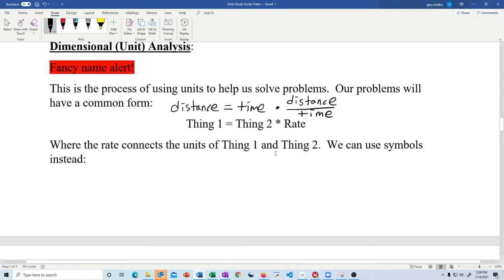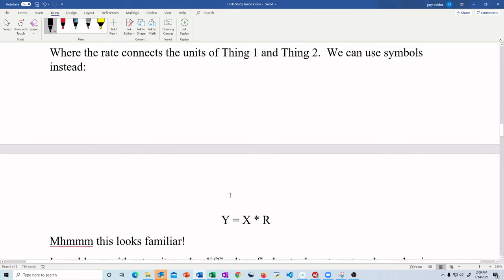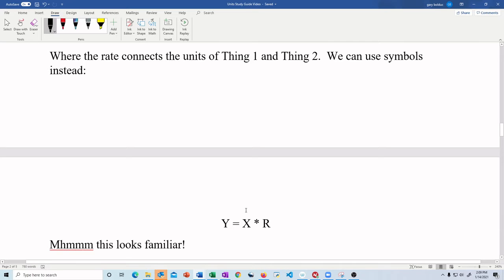So let's try to put this into symbols a little bit more, and then we'll keep going through this. So here it is in symbols. Thing 1 equals thing 2 times the rate, right? So when I write it in a formula like this, R stands for the rate. This stands for something I want to measure, thing 2. It could be lots of different stuff.